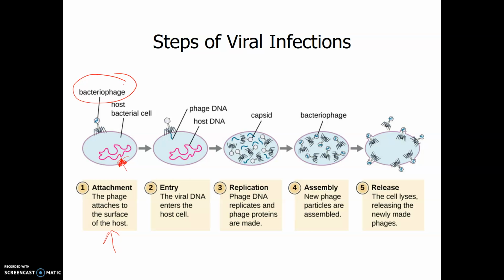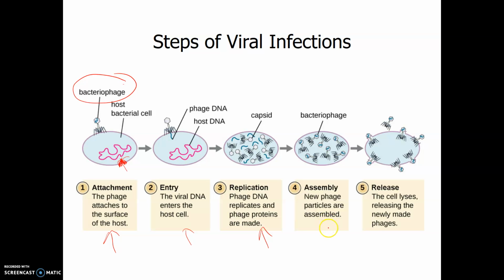All right, so the virus attaches and then it injects its DNA into the host cell. That's called entry. And the bacteriophage actually replicates the viral DNA. And then the viral DNA is used to make the proteins that surround the DNA. So basically, you have replication of the viral DNA, that's the replication stage.